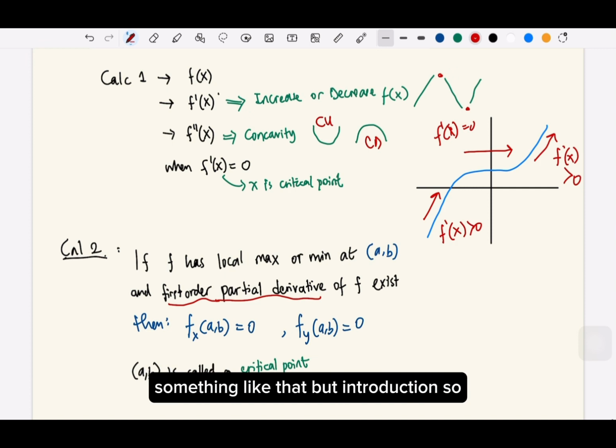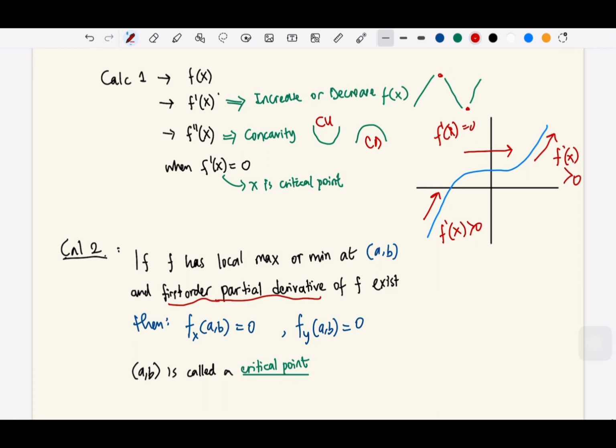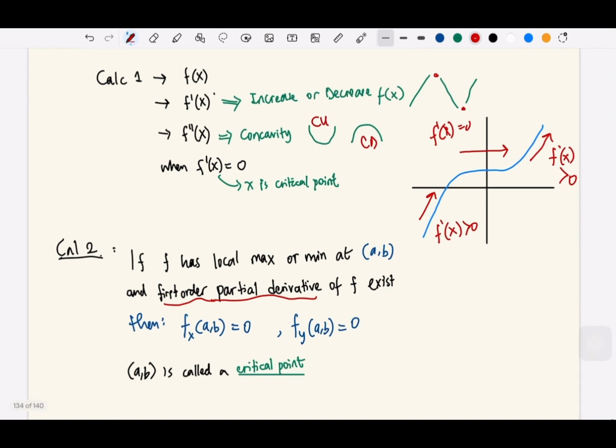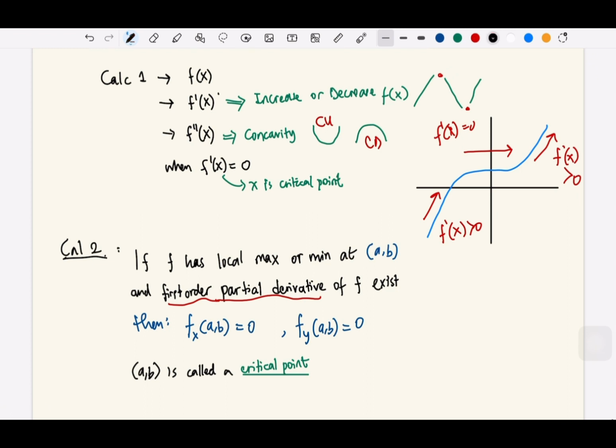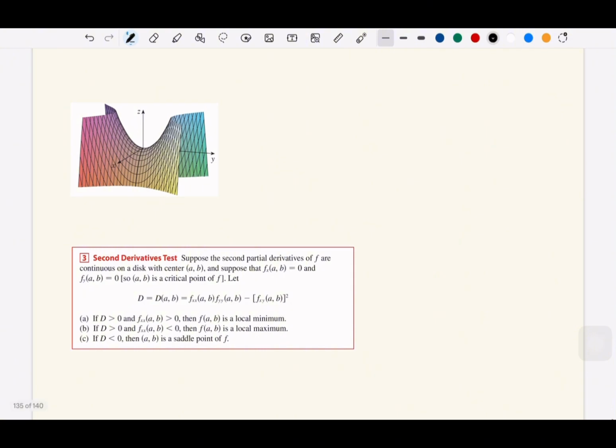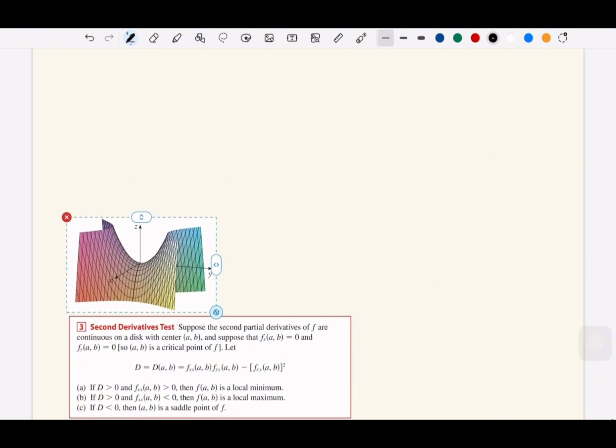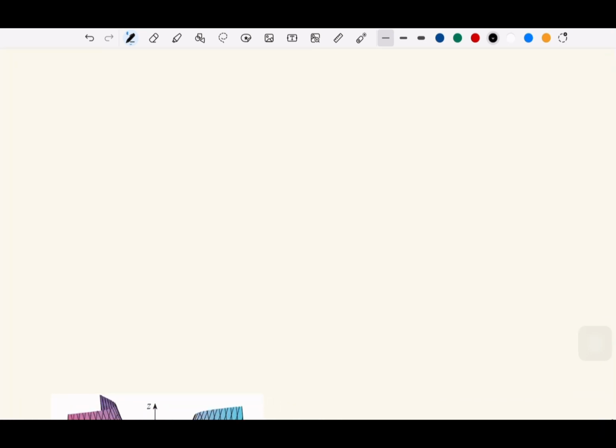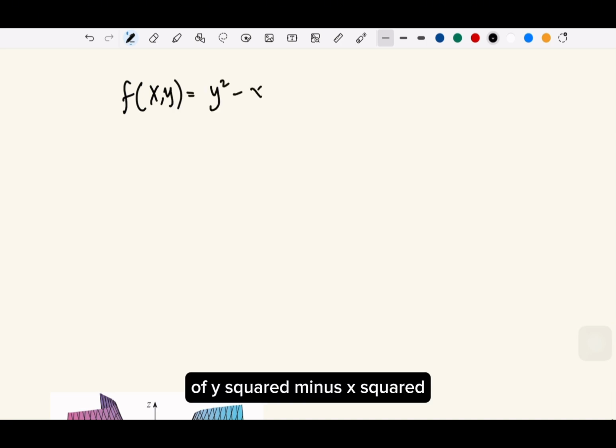Okay, so let me give you some example. So let's say we have a function of y squared minus x squared.